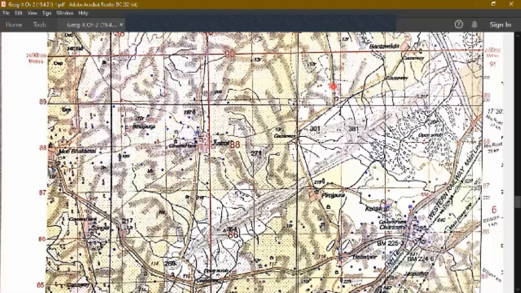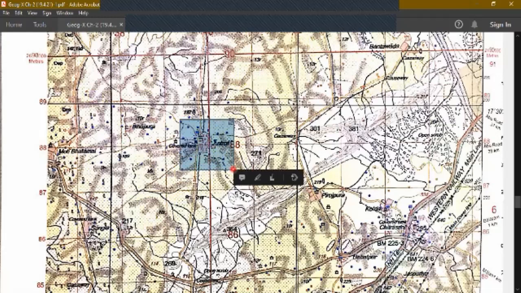On a topo sheet, it is represented by certain patterns. There are three major patterns of showing the settlement pattern. The settlements are usually shown with red colored boxes, as you can notice here at Antroli.